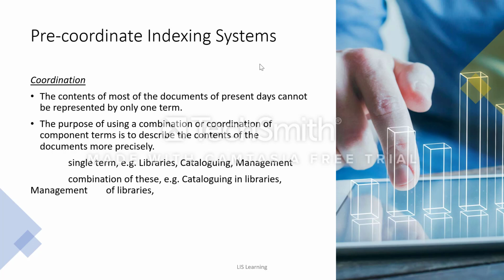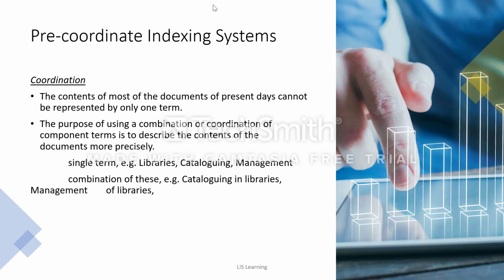The concept of most documents of present days cannot be represented by only one term, because we are exploring the universe of knowledge. The knowledge areas overlap each other. We can't explain some subjects or compound subjects with a single word. So we have to take two or three concepts or more to explain the particular subject.